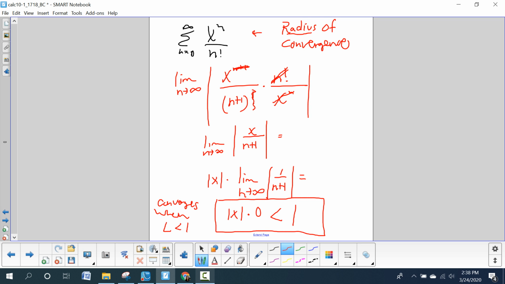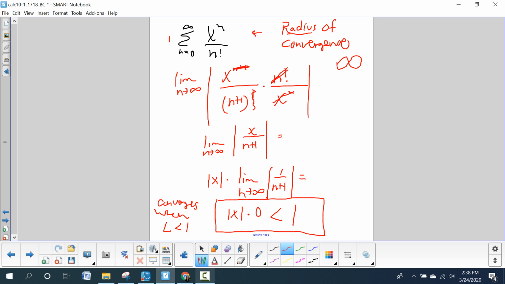Well, think about that. Couldn't you put anything in for x and multiply it by 0 and it'd always be less than 1? So our radius of convergence is infinity. And what that means is that x can be anything, and the ratio test says that the limit will always be less than 1. So no matter what I put in here for x, this series always converges.